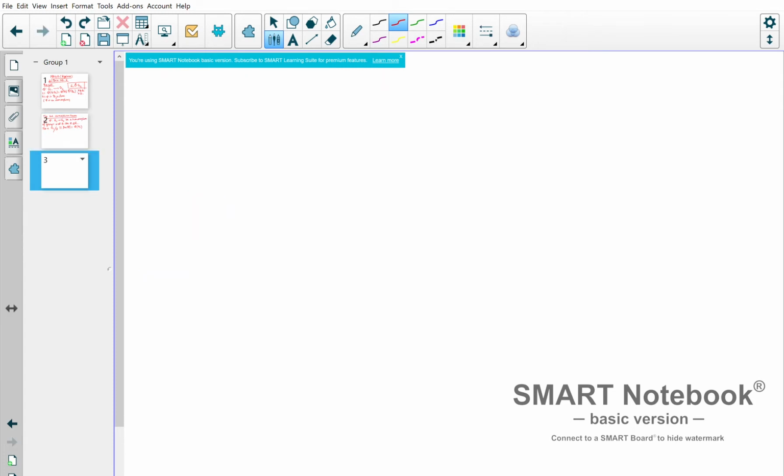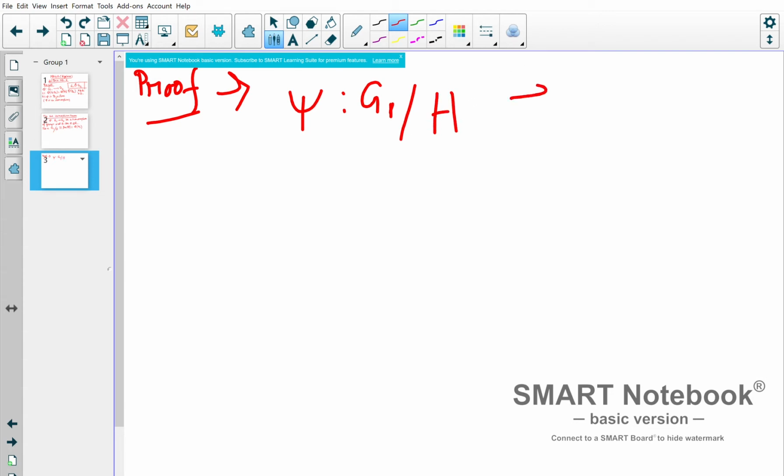So, proof. Let me define a map psi from this G1 mod H to the image of phi of G1, okay. And how do I define the map?